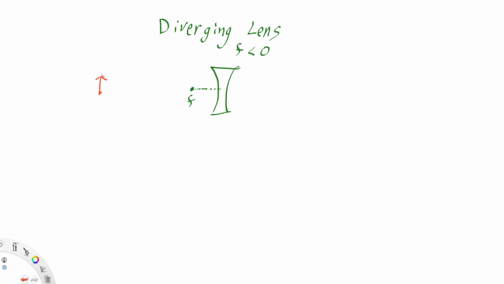Slightly different for a diverging lens. If you come in parallel, then the light bends so that it looks like the ray came from the focal point.